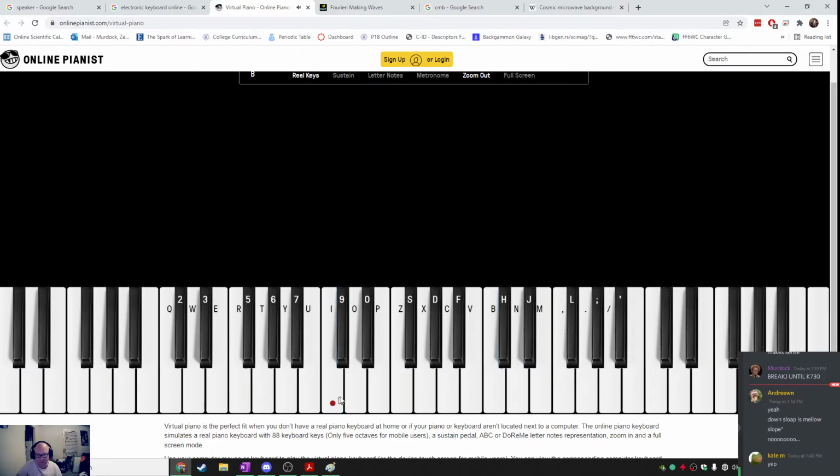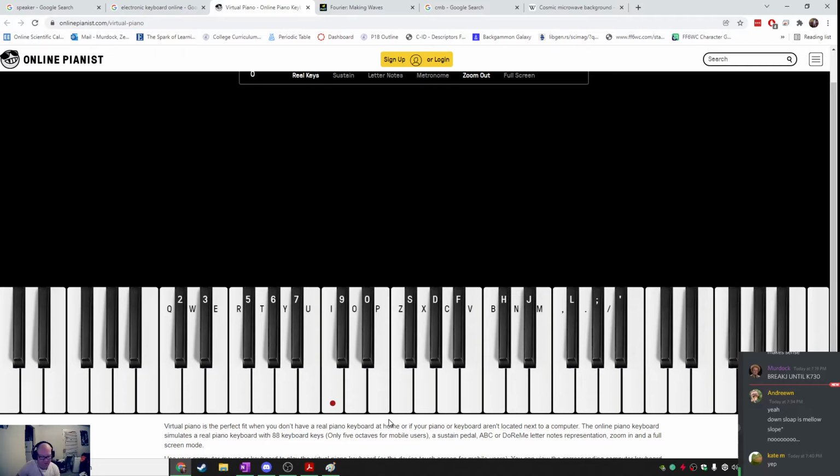But if I play 2 notes that are right next to each other, like this one and this one, at the same time, it produces what's called dissonance, because there's a lot of interference between the sounds. So let's push these 2 together. Would you all agree that kind of sounds bad? Yeah, it's pretty bad.